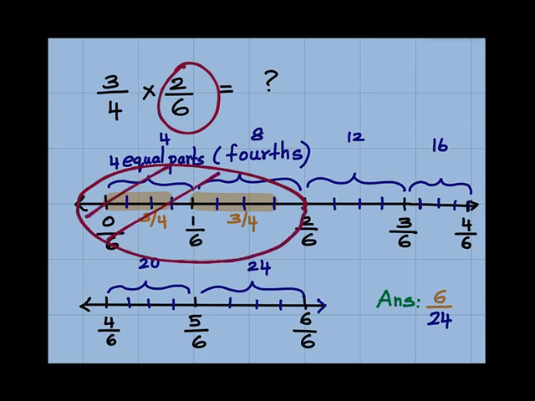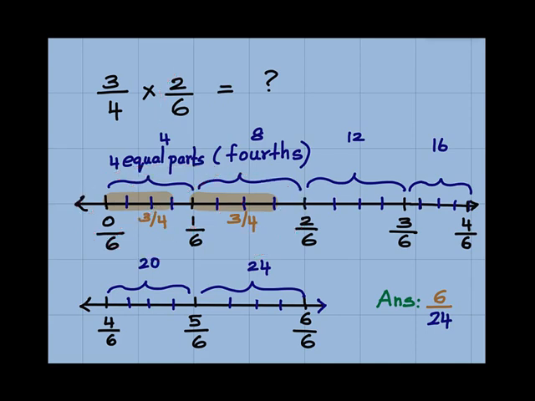So this is the area that we are going to focus right now. That is 2/6. And what is 3/4 or 3 over 4? So 3 over 4, that is 3 over 4 in 1/6. And if you see here, this is 3 over 4 or 3/4 in that 1/6.